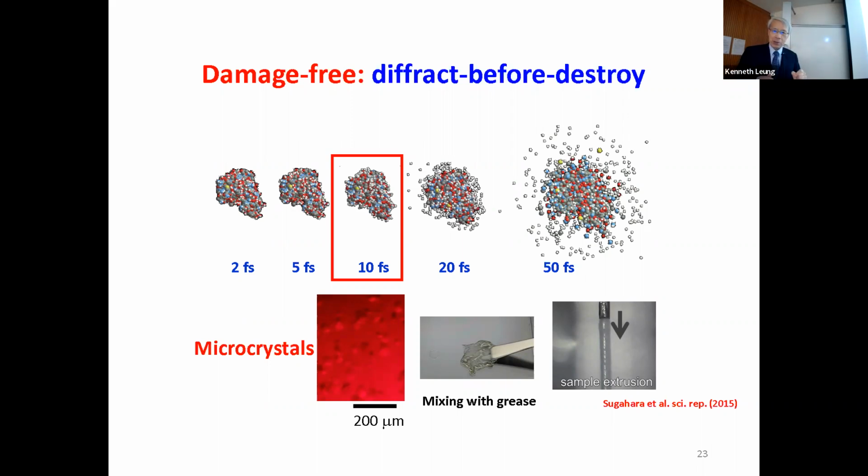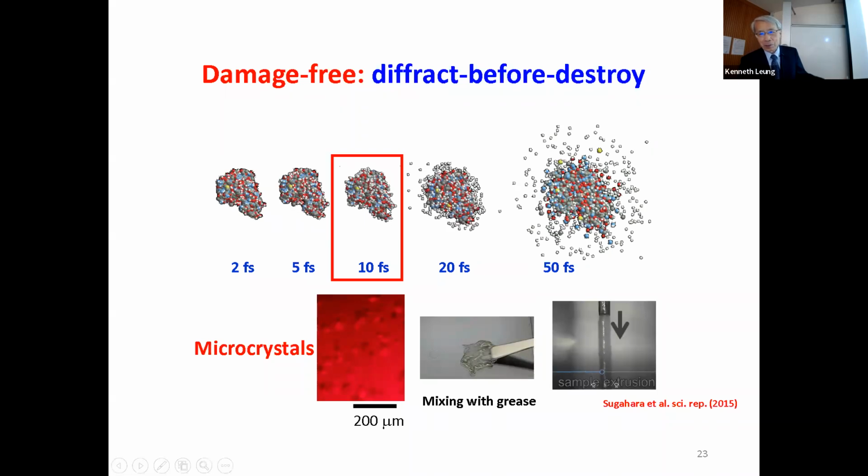But in XFEL, you actually use many thousands of microcrystals, and the crystals are shot through as a stream, and then the X-ray beam goes through it. So every crystal is hit once and then done.